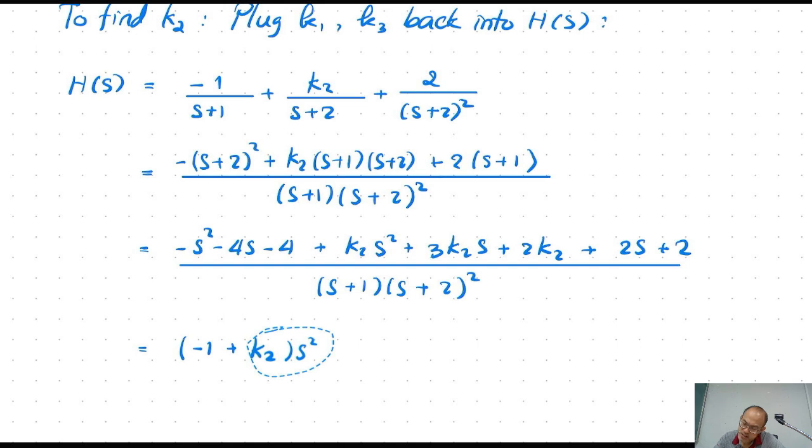Now, as for the second term, the degree of S is 1, so we have -4. We have 3K2, and we have 2. Add them, we get -2 plus 3K2, right?